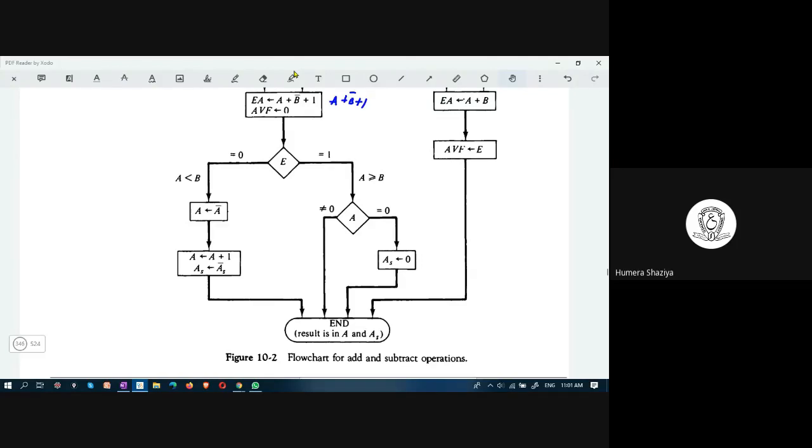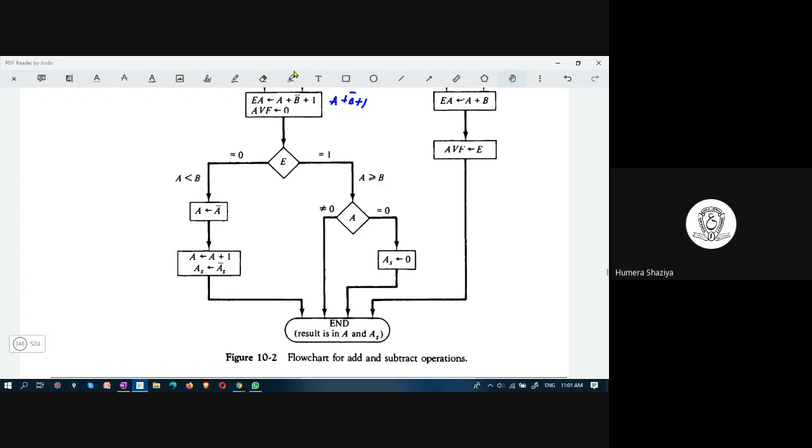And here, if there is no carry, the result is negative. If the result is not positive, A is complemented, and it means A is less than B. A is equal to A complement plus 1, means obtaining the 2's complement and then reversing the sign of A. If A is plus, it is made minus.